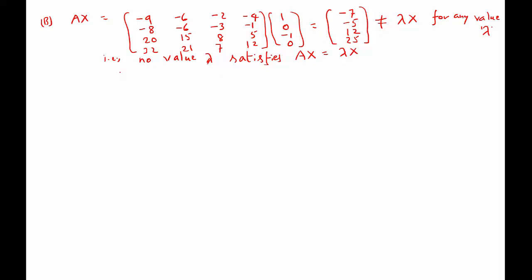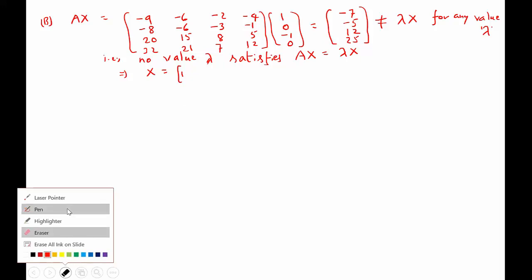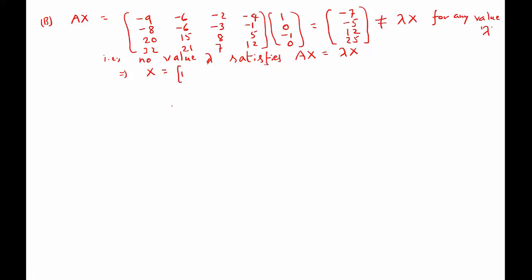So in this, x is equal to 1, 0, minus 1, 0 transpose, row transpose means column vector, is not an eigenvector.